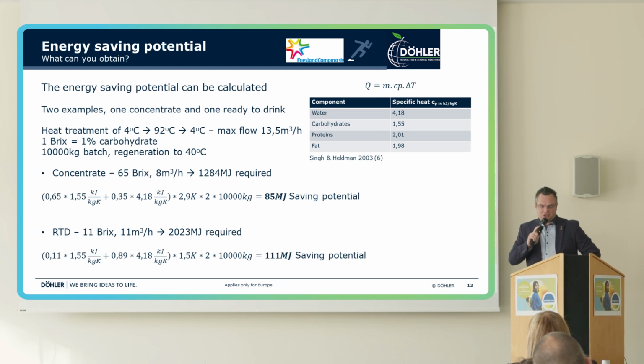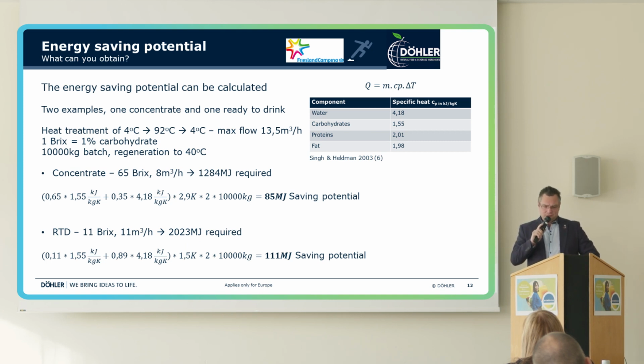For an RTD, the numbers are a little bit different. What is different is that the flow is higher because the solution is less viscous, meaning you still can have a significantly high production speed. However, as water requires more than double the amount of energy per degree Celsius to heat up, you even have, with a 1.5 degrees Celsius reduction, a higher energy saving.